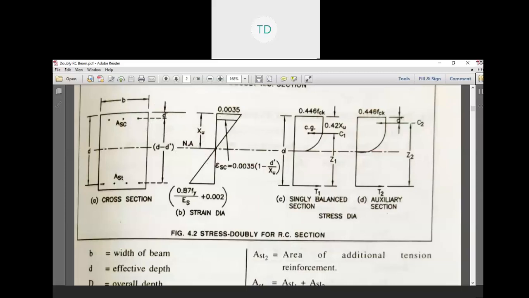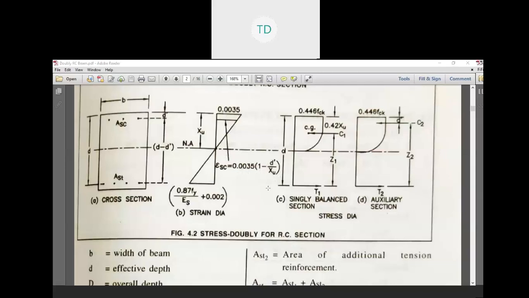In the strain diagram, the values are 0.87 fy by Es plus 0.002 and at the upper end 0.0035, and Esc is equal to 0.0035 times 1 minus d dash by xu. That's how we get the Esc.